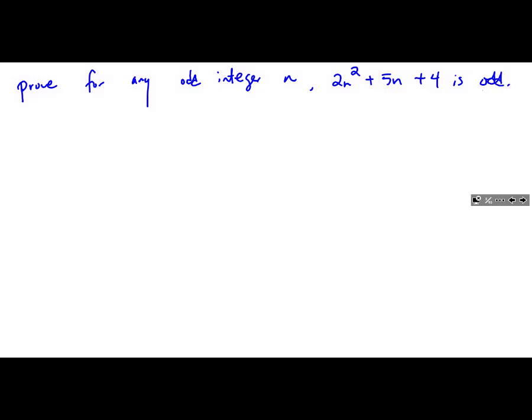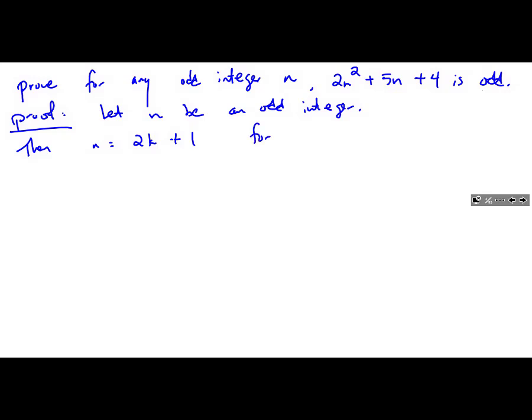Okay, so let's look at the proof. Let n be an odd integer. Then n equals 2k plus 1 for some k in Z.